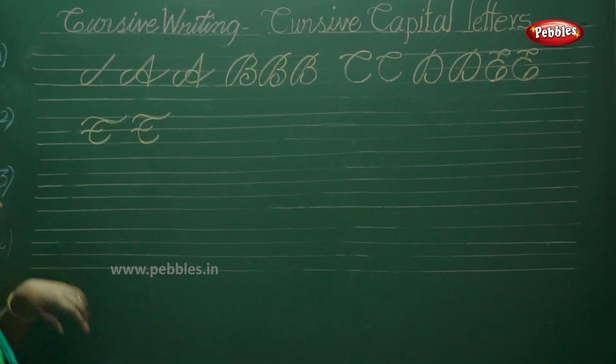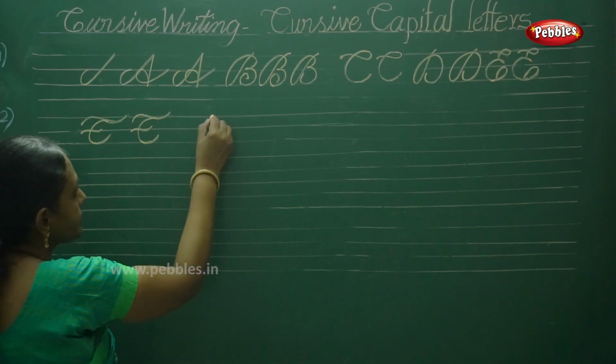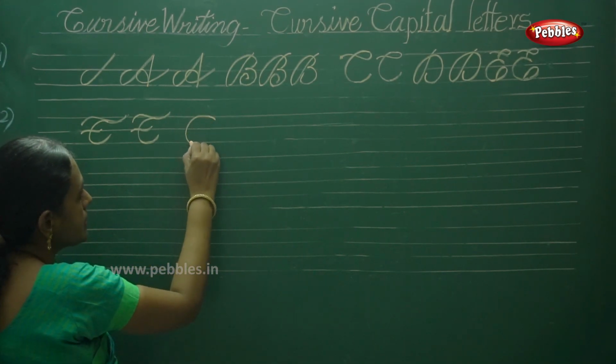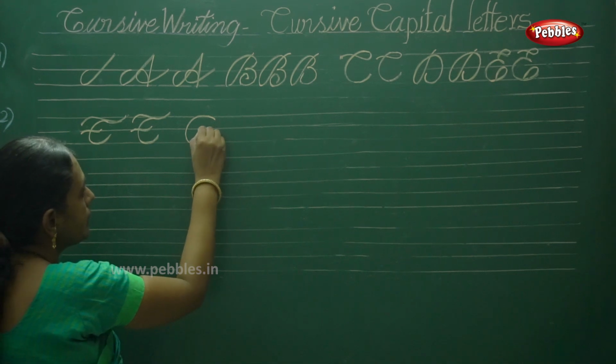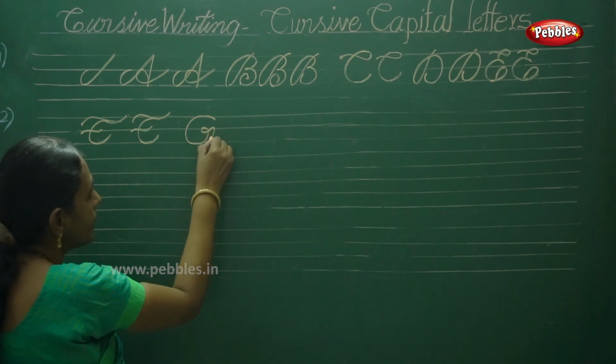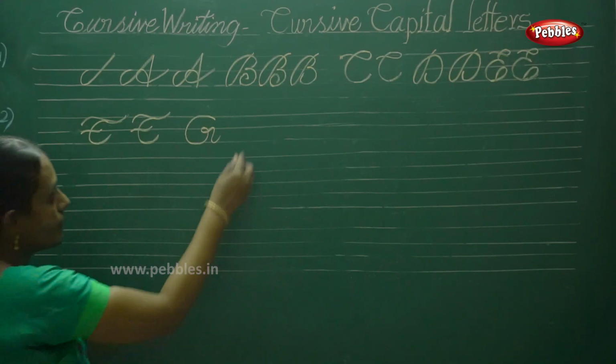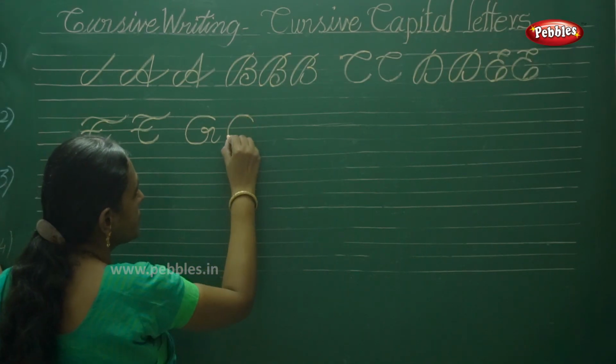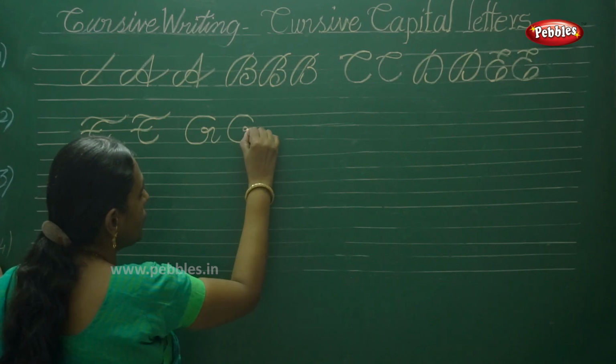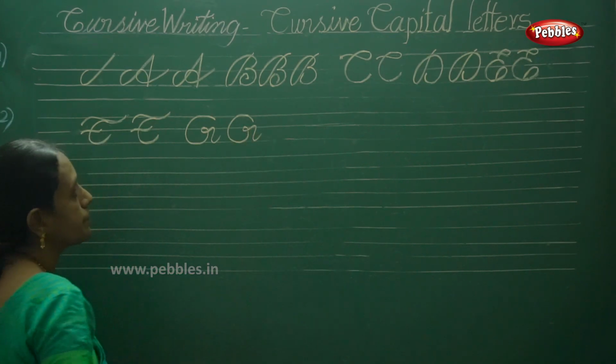And cursive G, a C shape with a little lobe, and this one. Is it easy? Same, C with a lobe and draw it.